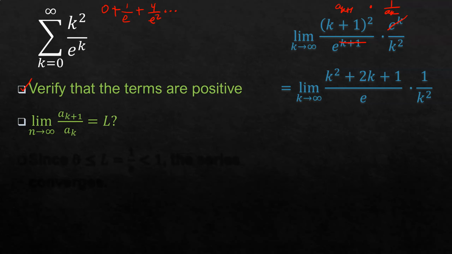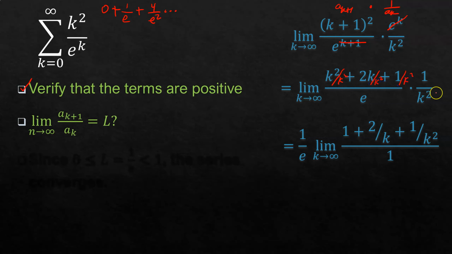Matter of fact, we can go ahead and factor out the 1 over e. And then the trick here is to divide by the highest power, right? So you have seen that trick before. Okay, so then you will have just this here. This goes to 0, this goes to 0, and the limit would be 1 over e multiplied by 1, which is 1 over e.